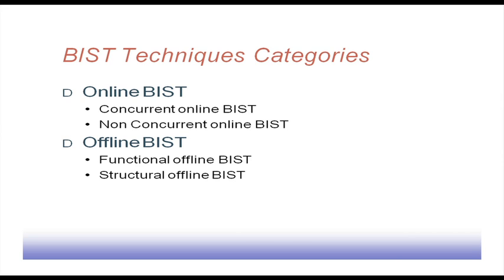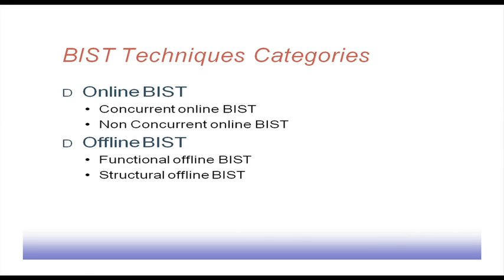So, both are online. In both cases the pager is on and operating, but in one case it is concurrent online testing, where the system is operating and, side by side, we are extracting some information from the system, analyzing the response and trying to see whether the system is working properly or not. That is concurrent online BIST.